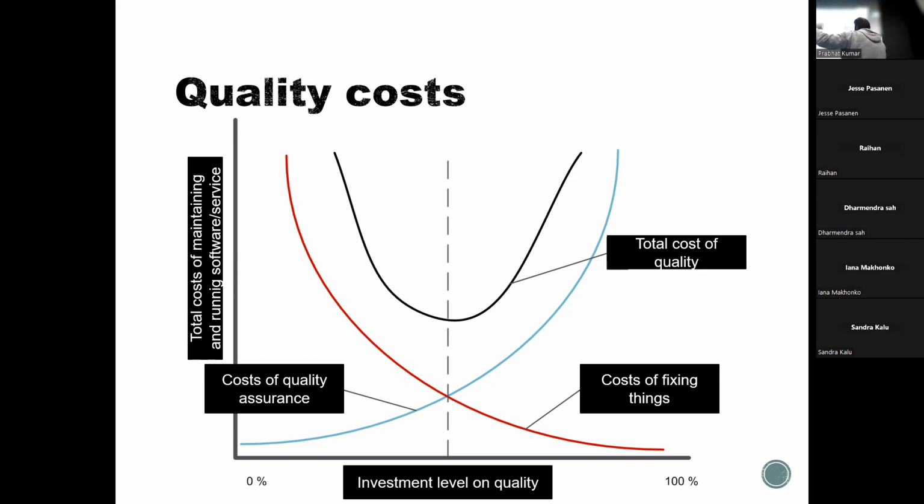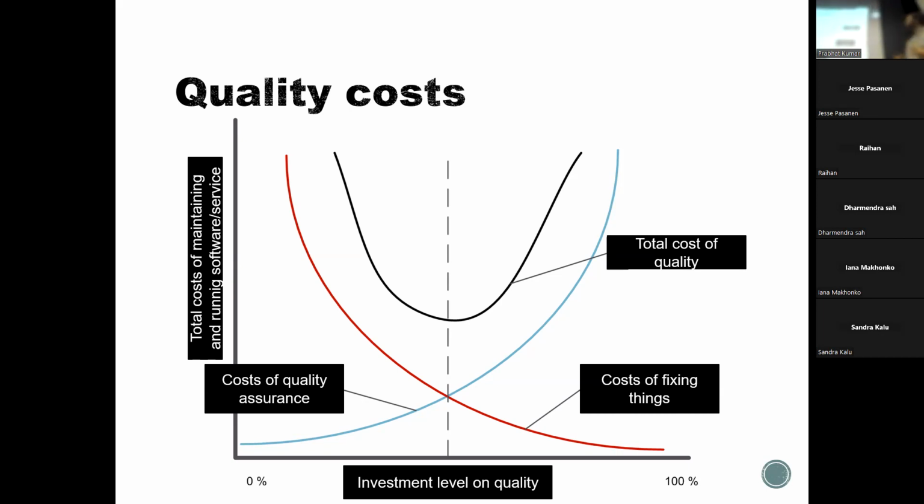But if you invest more and more, there will be a certain point of time, like if you see the blue line, the cost is going to be high, but there will be no more impact on the overall quality. So what actually do we want? We want a point where the investment level and the total cost of maintaining are balanced.